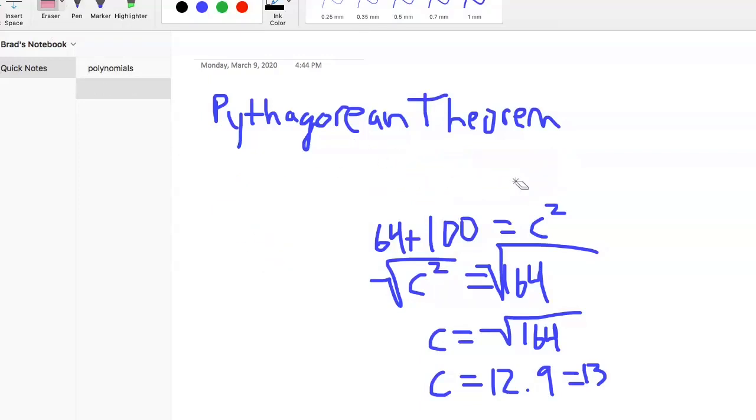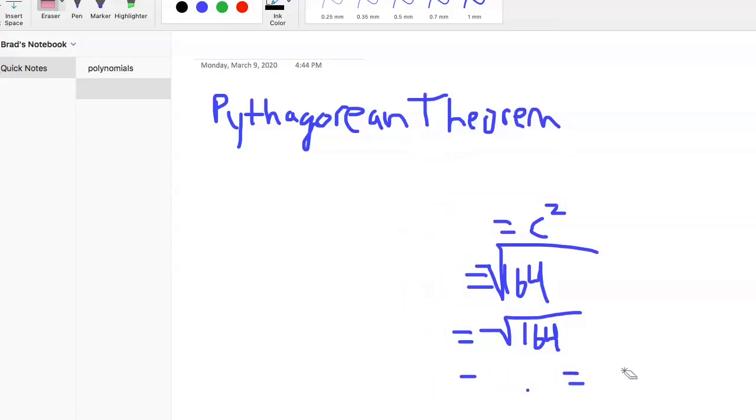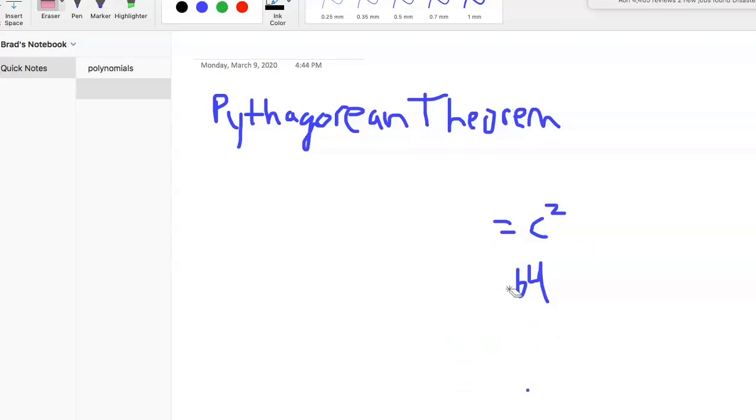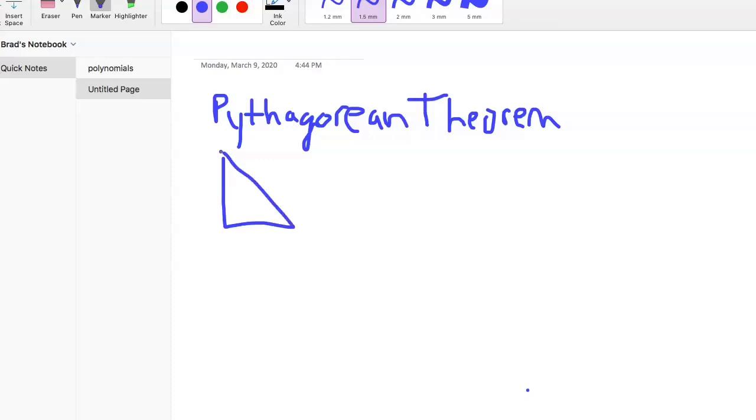Hopefully this is just making perfect sense. Okay, so for the last one, again, there's our triangle. Want to make sure it's right.